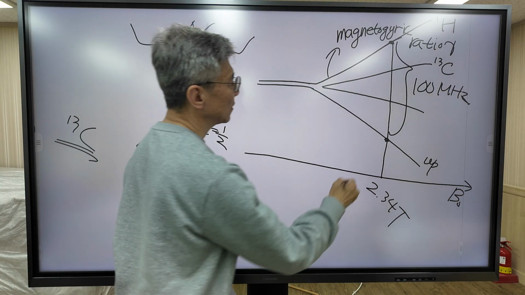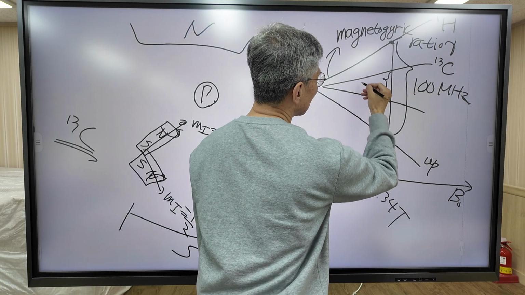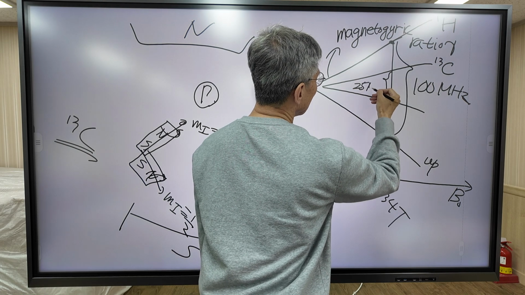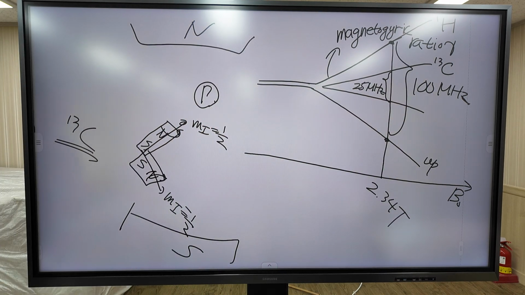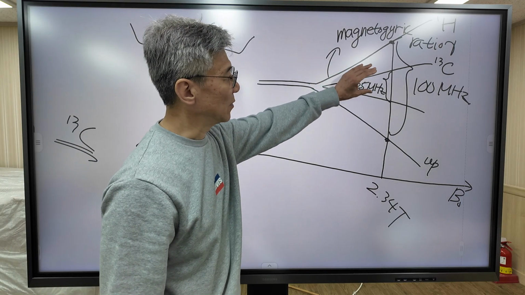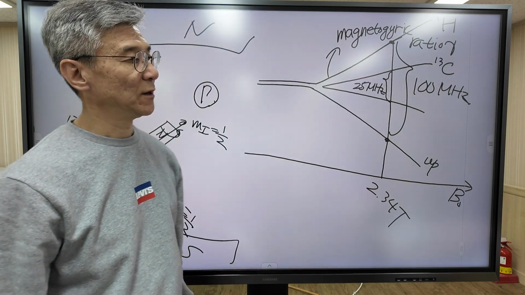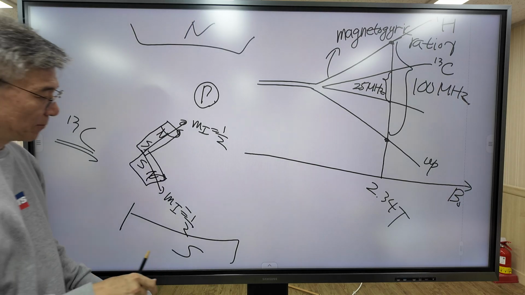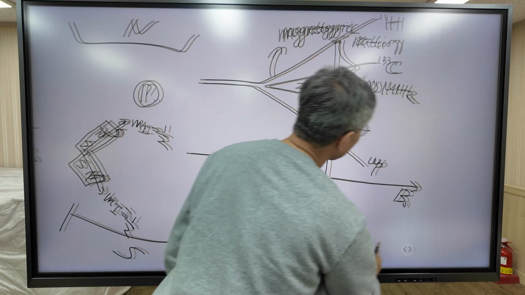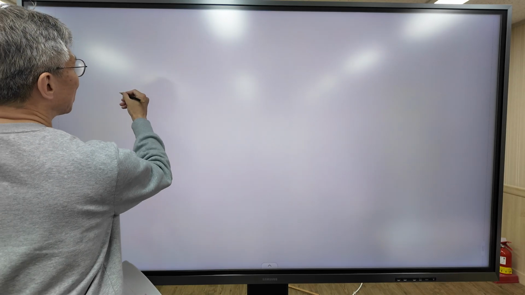For carbon-13, the transition frequency is approximately 25 megahertz. So the transition frequency depends on the type of nucleus. So on the next page, I list the transition frequencies of various nuclei.